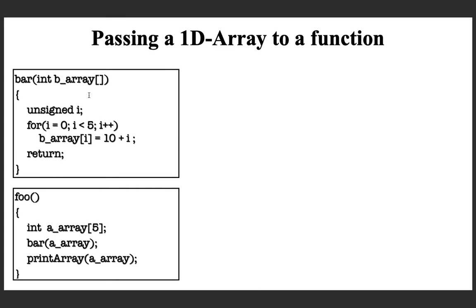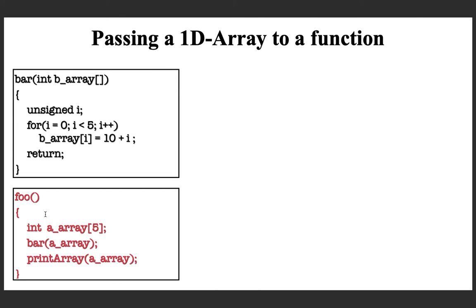So here is an example. There are two functions foo and bar, and in the function foo, you can see that the only data object is an integer array of size 5. Now suppose the function foo is invoked or called during execution.